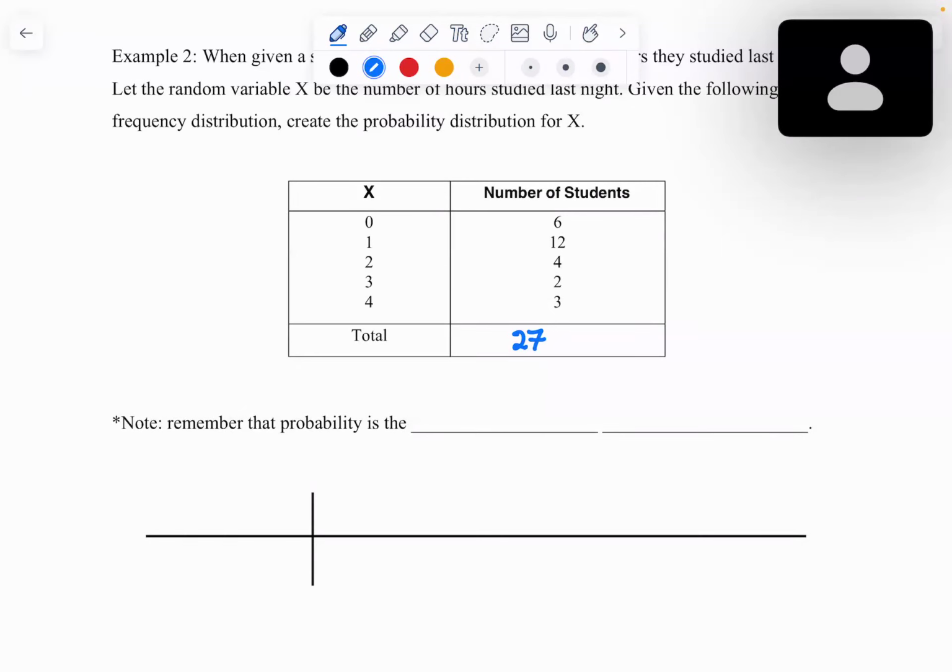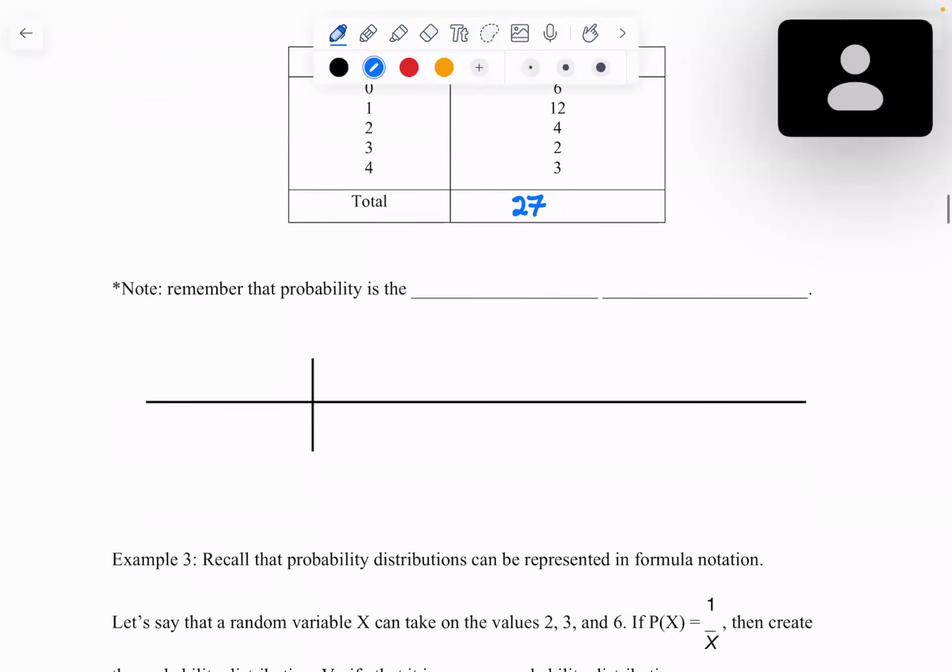And now how do we find the probability for each of these? If we know the number of people that fit into each of these categories and we know the total number of people, then we can calculate the relative frequency. So remember that probability is just a relative frequency.